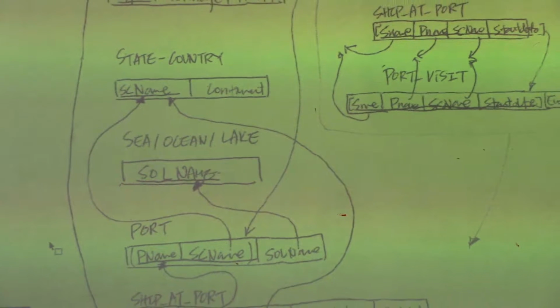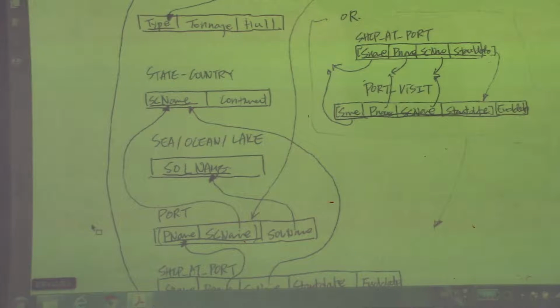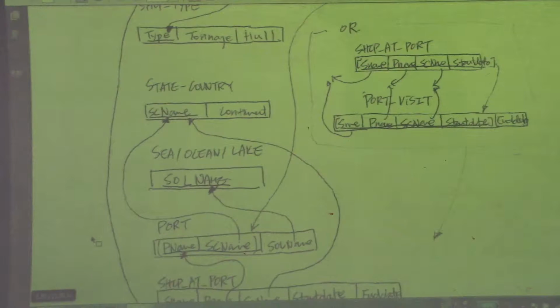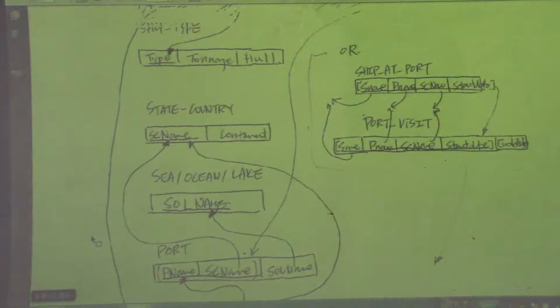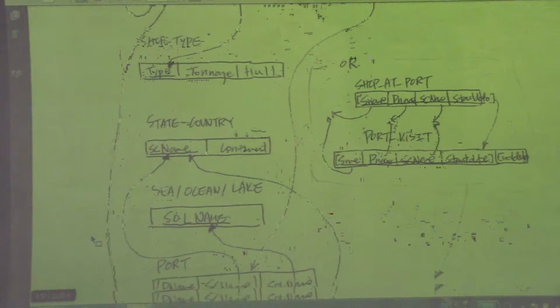However, because of that, it is not easy to manage the sequential number. We will see later why it's not easy to maintain such a sequential number. Okay. Also, we have the composite primary foreign key. For example, this one, P name plus SC name depends on the P name_SC name of port.